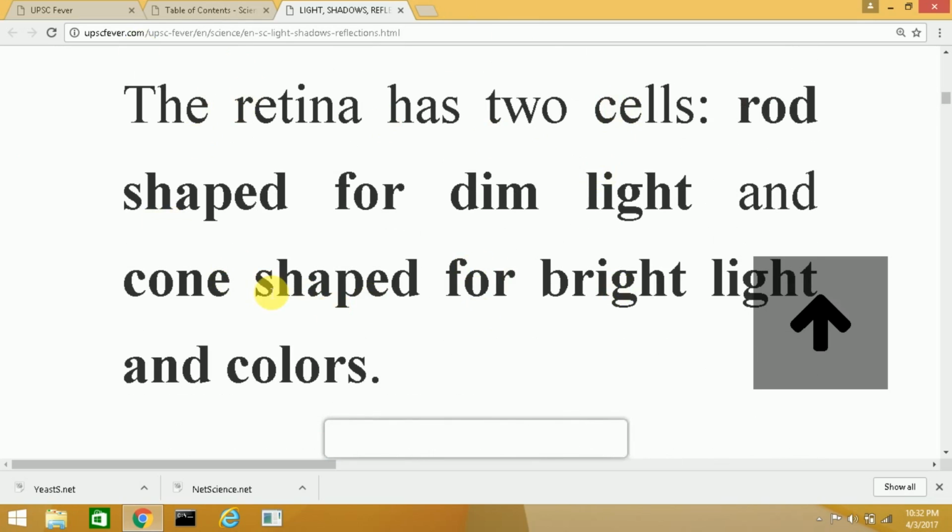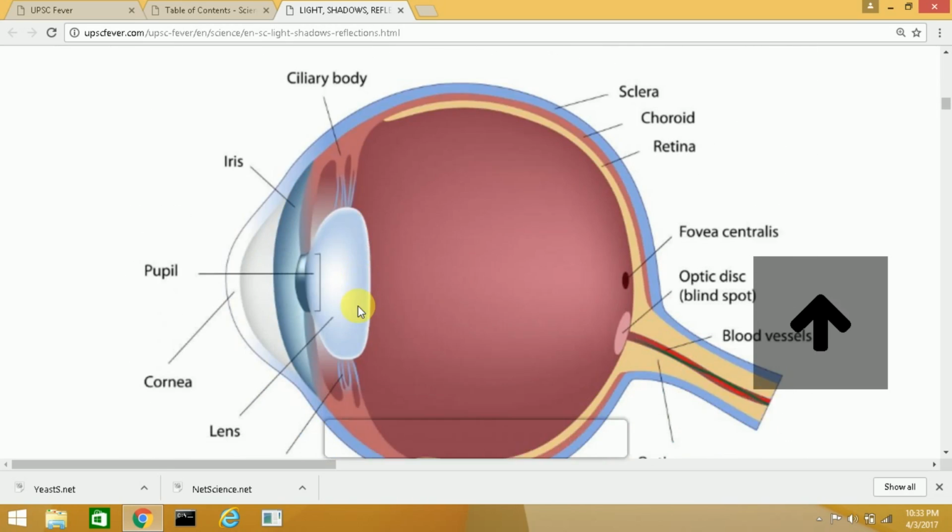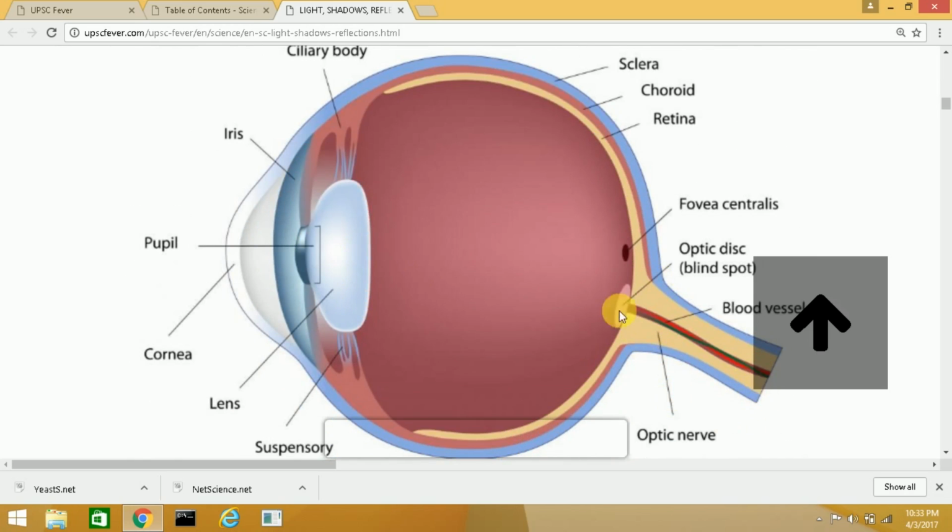In birds that fly during the daytime, the cone shaped cells are more in their eyes than the rod shaped cells, whereas nocturnal birds, that is the birds that come out only during the night, have more rod shaped cells compared to cone shaped cells. The sensations from these cells go to the brain via the optic nerve, and the brain then interprets the image.